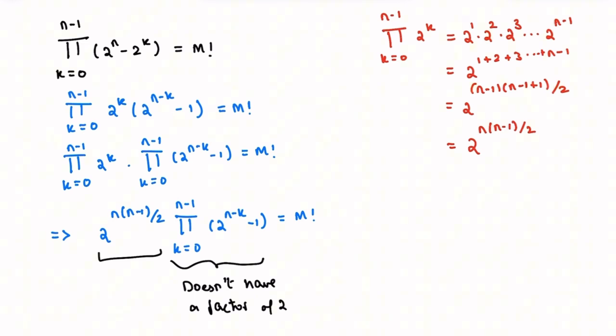Well, that means that this is the only power of 2 that it has, and this is the highest power of 2 that this expression divides. That's pretty good information, because what that tells us is if this is to equal m factorial, the highest power of 2 which divides m factorial has to be this.